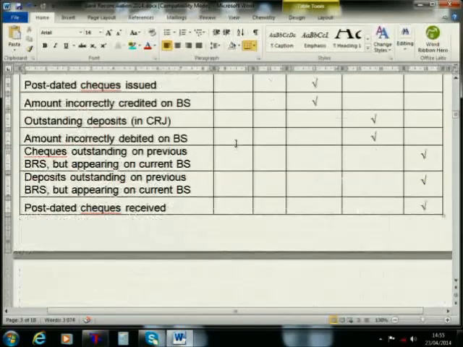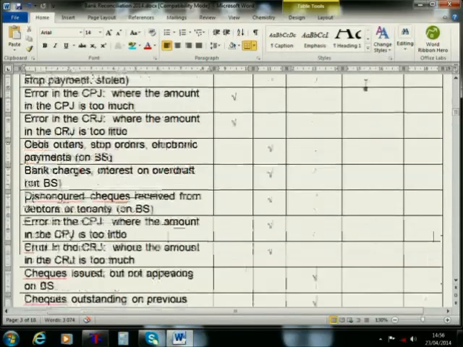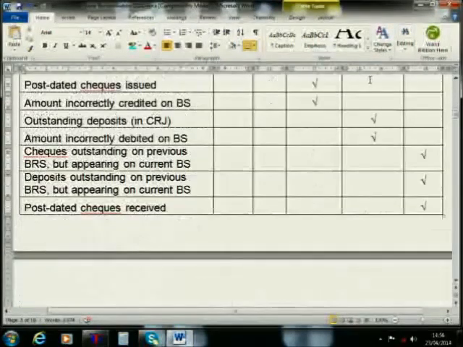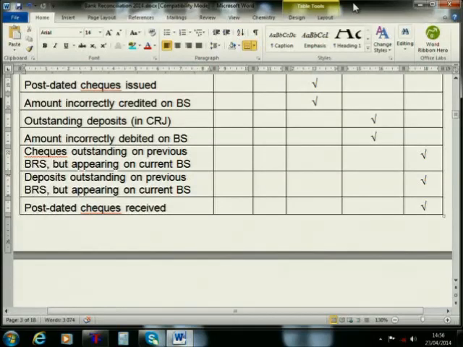Outstanding deposits. Outstanding deposits in the CRJ means that we already put it in our books, but it's not on the statement yet, and that's why you put it on the credit side of the bank statement. That is basically at the end of the month, because you receive the money and your shop closes at 5 o'clock, but the bank already closed at 3:30, so you cannot deposit it in the bank.